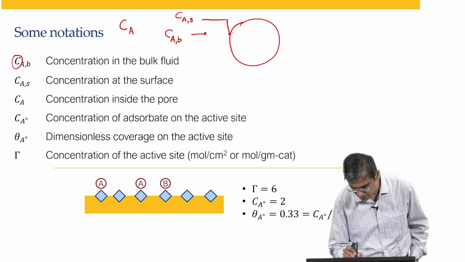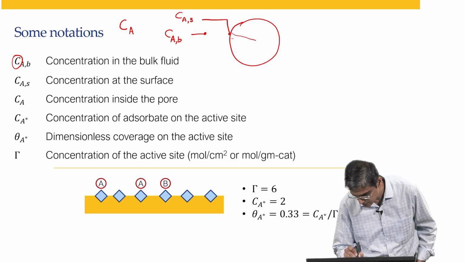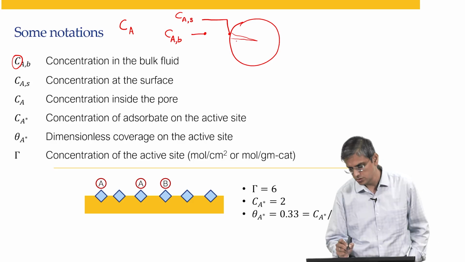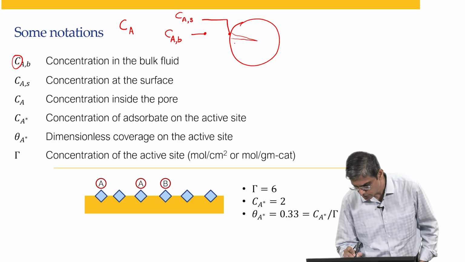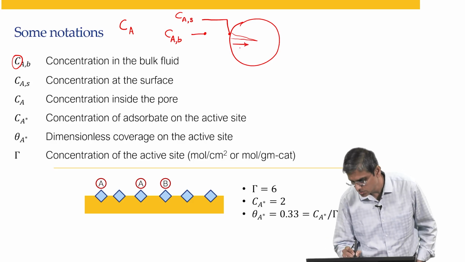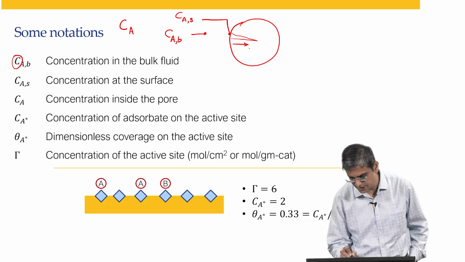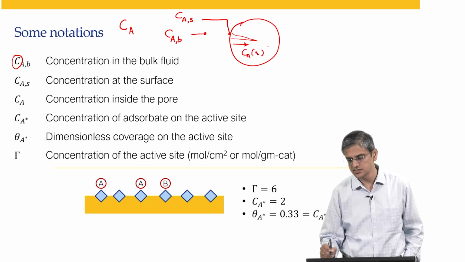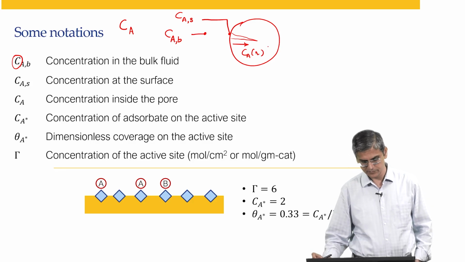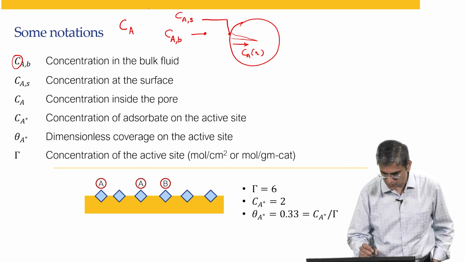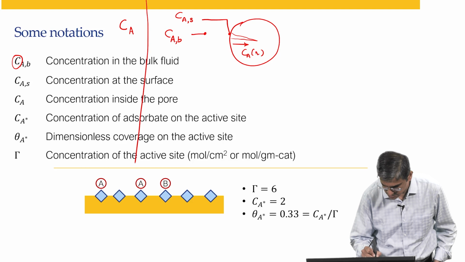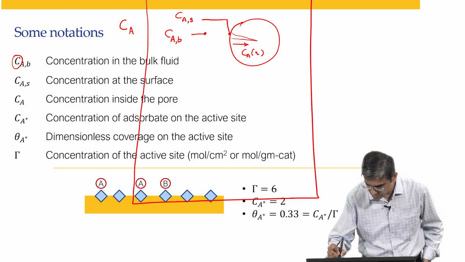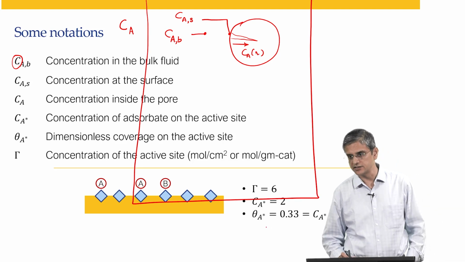Okay. And let us say that this is a pore that goes in. The concentration will change along the radial direction, and I will just represent that as CAr. Okay. Now, let us say that this particular thing is in an entire reactor.